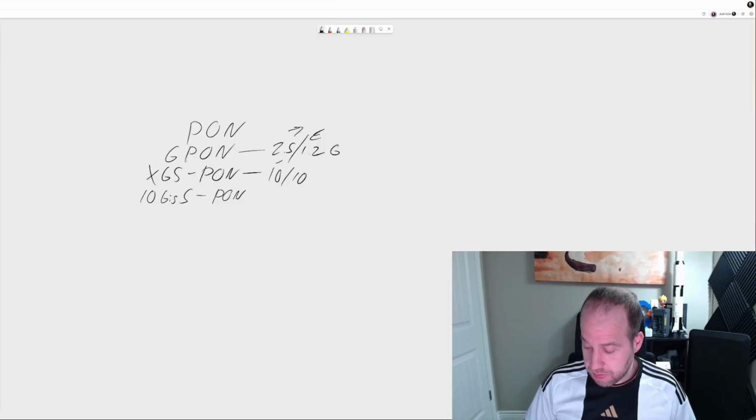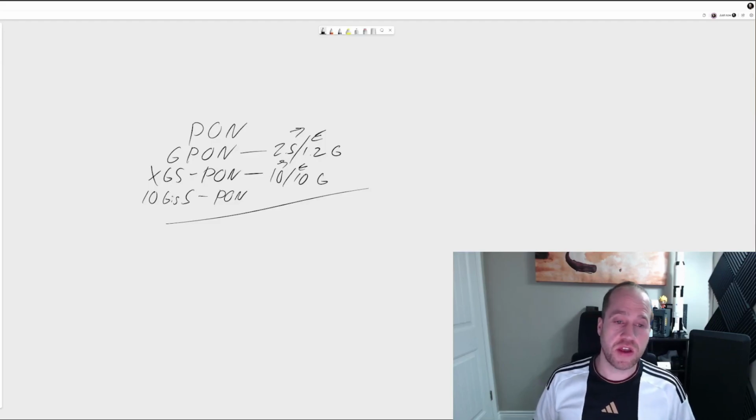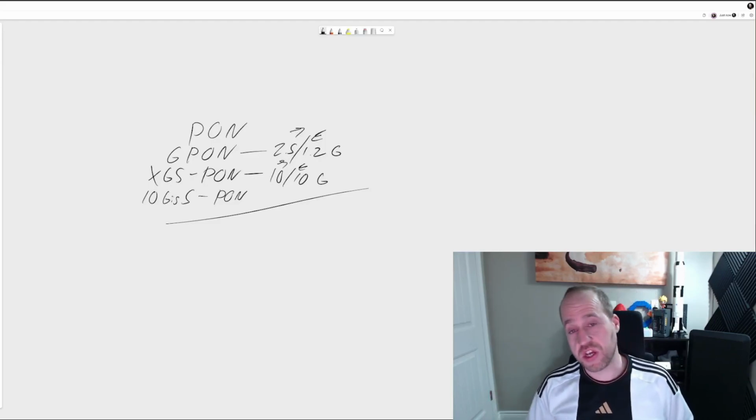So 10 gig up, 10 gig down. So that at a real high level is what PON is, a little bit about how it works. There's many other different terms. There's NG-PON, there's NG-PON2, there's XG-PON, there's 50 gig PON, E-PON, goes on and on. The biggest ones we see in the industry right now are GPON and XGS-PON.